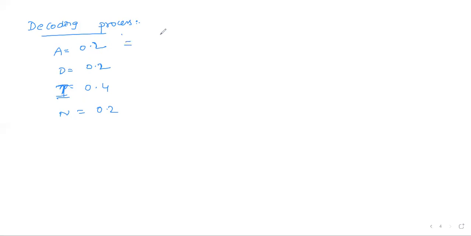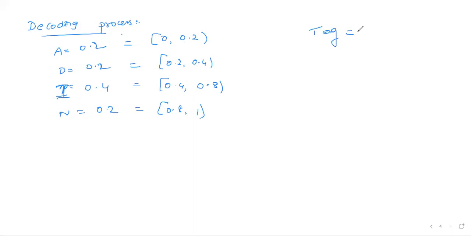So what are the intervals? 0 to 0.2, 0.2 to 0.4, 0.4 to 0.8, 0.8 to 1, right? Now they will give one tag like this.